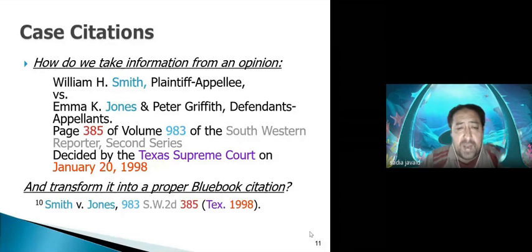Peter Graves, defendants, appellants, has been erased. So it is clear: 983 is the volume, SW is the Southwestern, second series, 385 is the page, and the year is 1998. The upper one has 7 or 8 lines, but in Blue Book style you have a complete high-level description in a single line.